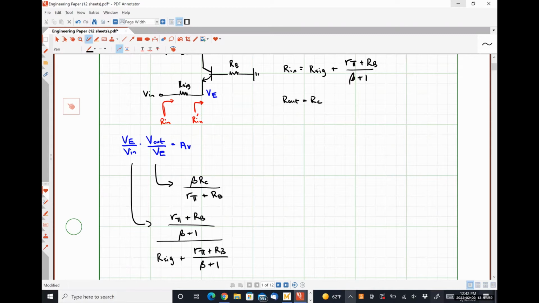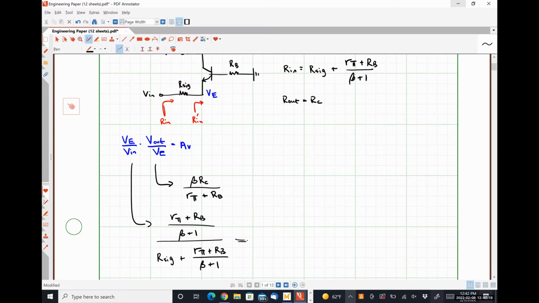Now, to make things simplify a little bit, what I'm going to do is multiply R sig by (beta plus 1) over (beta plus 1) to give me a common denominator of beta plus 1 in both my numerator fraction and my denominator fraction. Right?